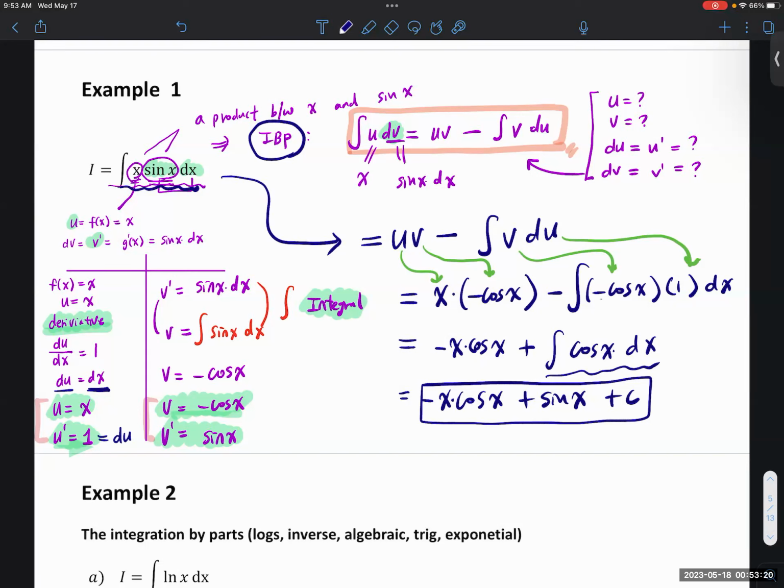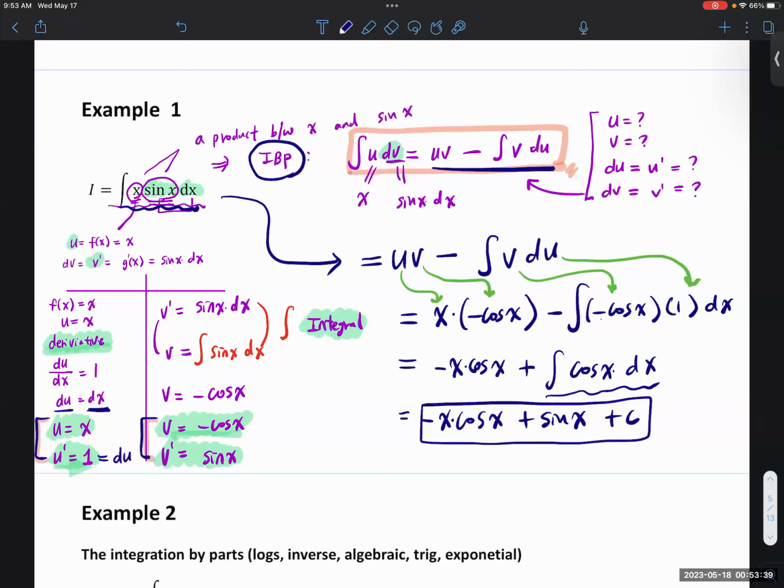Those are the 2 other pieces of information. By taking both the derivative of the first function and the integral of the second function, you can find all these 4 pieces of information. As long as you have those 4 components, then plugging in, you can finalize the answer. That's the IBP method. Okay. So I hope this doesn't make you crazy.